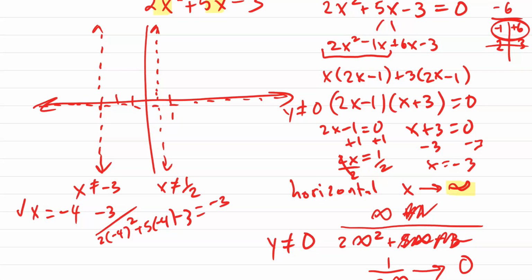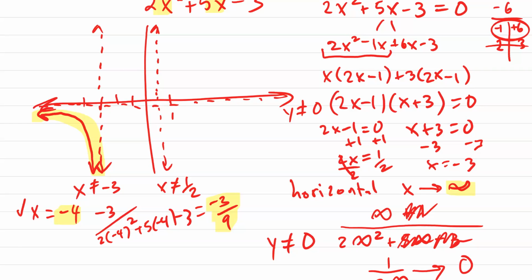Negative 3 over 9. I don't really care as much about the number. Here's what I'm seeing. When x is negative 4, the y value is negative. That tells me we're down in this region, because when x is at negative 4, the graph is down below that asymptote.